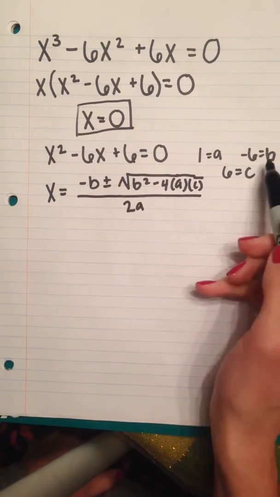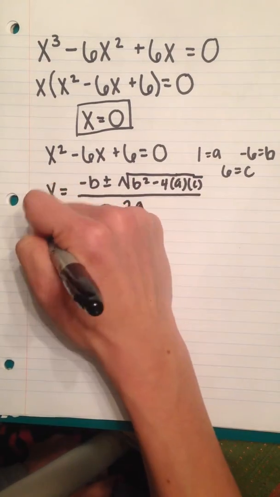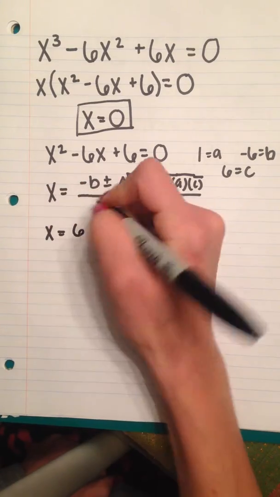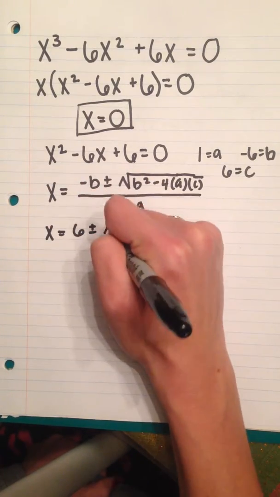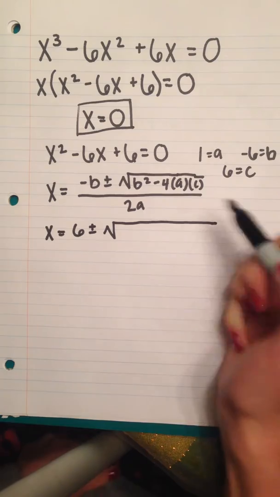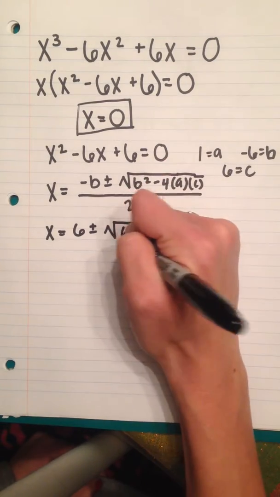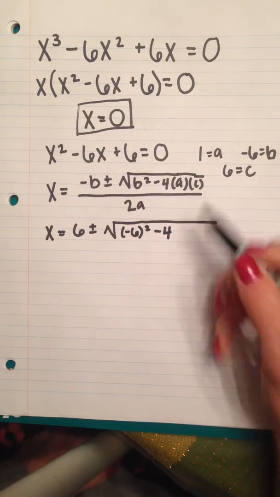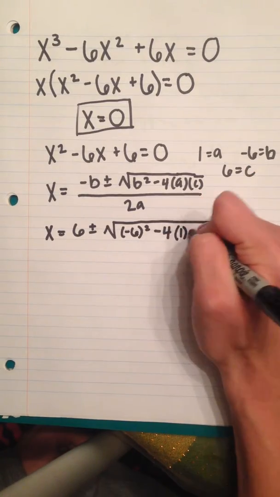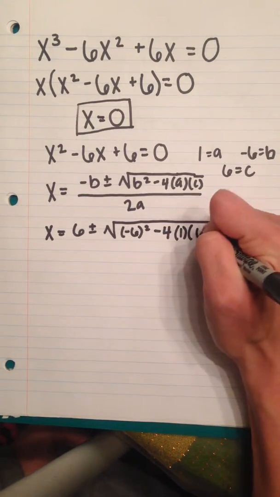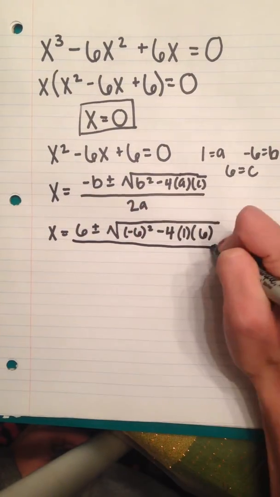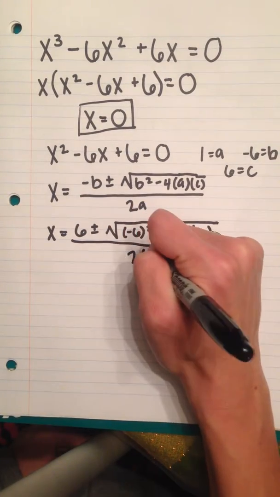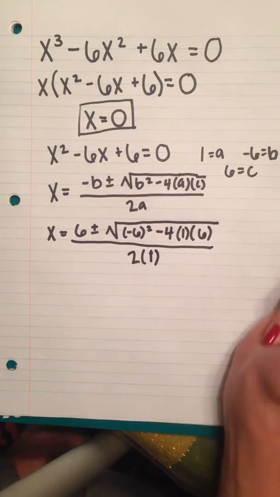So negative b, negative 6, is just 6, plus or minus the square root of b squared, which is negative 6 squared, minus 4 times a times c, all over 2 times a.